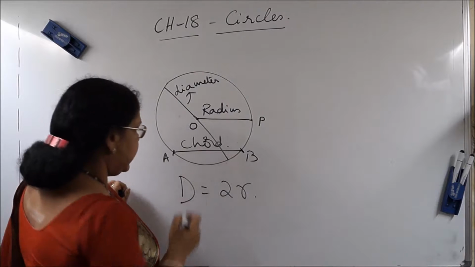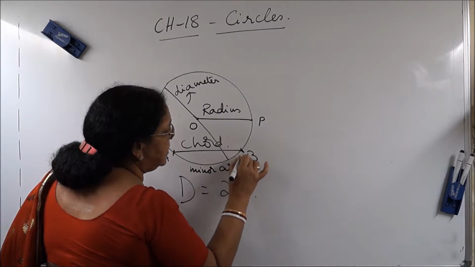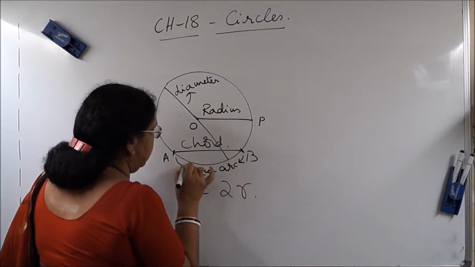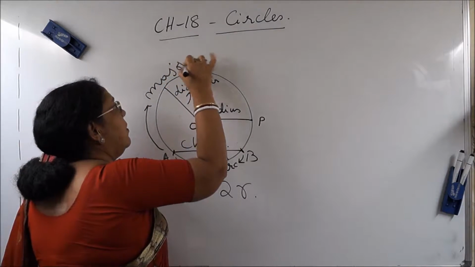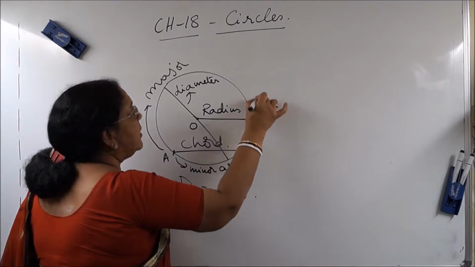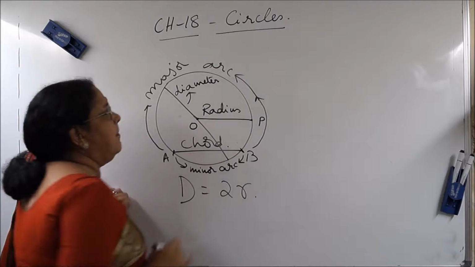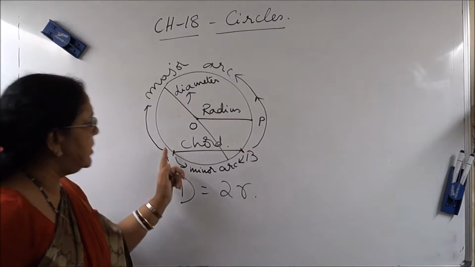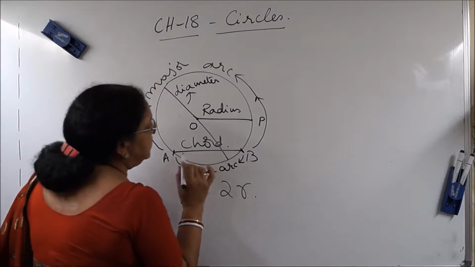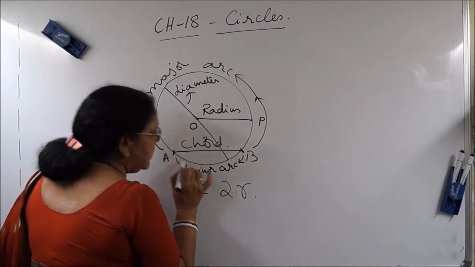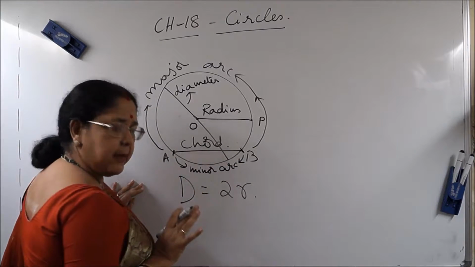Now the smaller arc is called the minor arc, and in comparison to it the other, bigger one is called the major arc. So we can call this minor arc from here to here. This whole part is the major arc, and this is a minor arc. And the region bounded between any arc and the chord is called a segment.